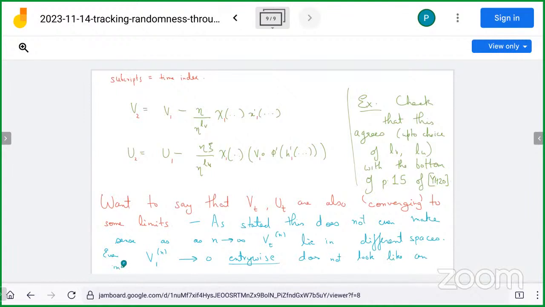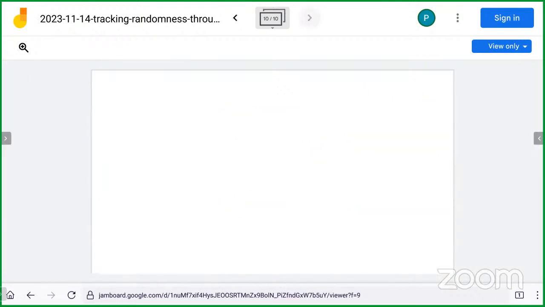So what we have to do is take some modified versions which do not depend upon n, then take their limit.